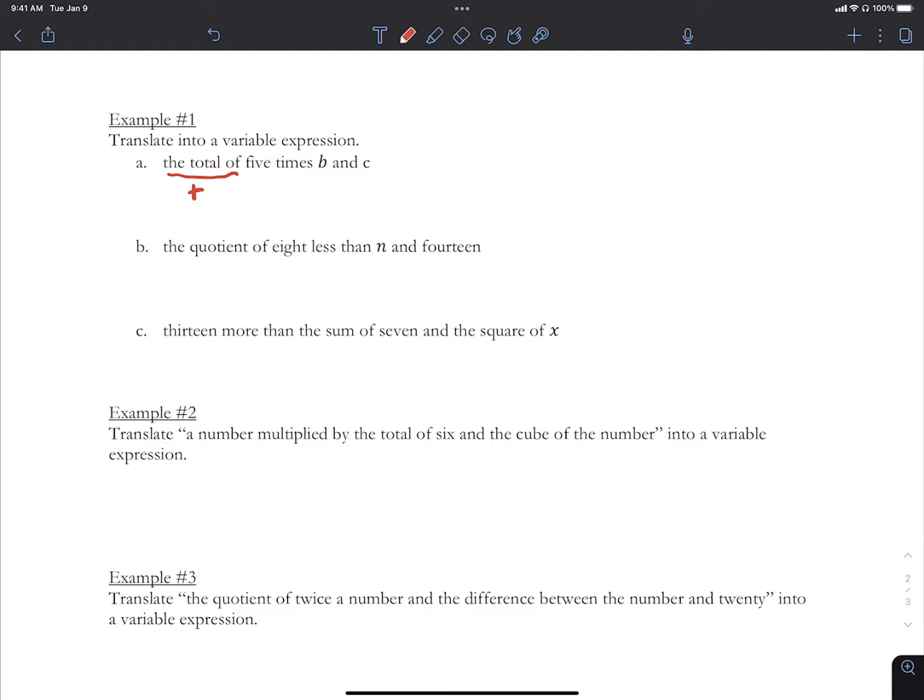What's coming next tells us what we're adding, and what we're adding is joined by the word and. That's where the plus sign is going to go symbolically. So what we're adding is these two things.